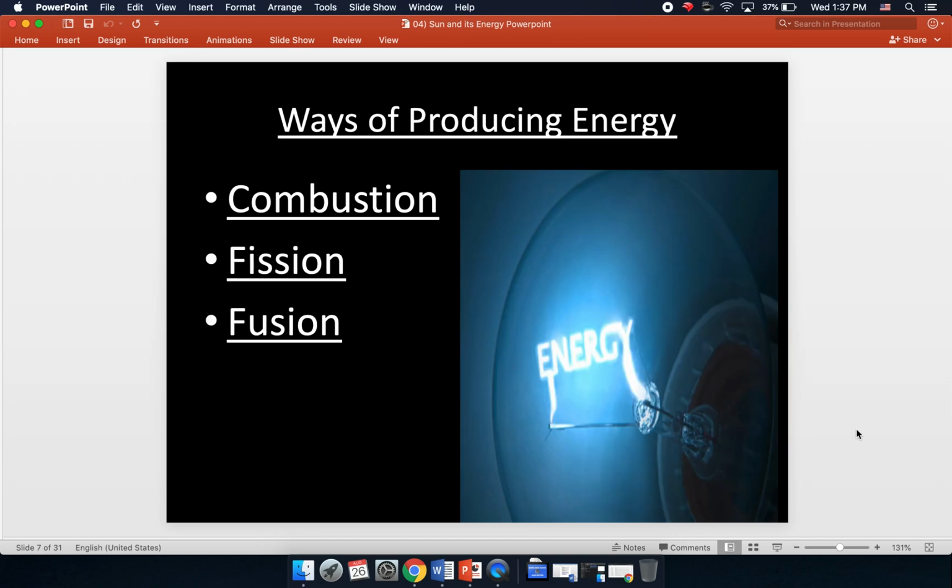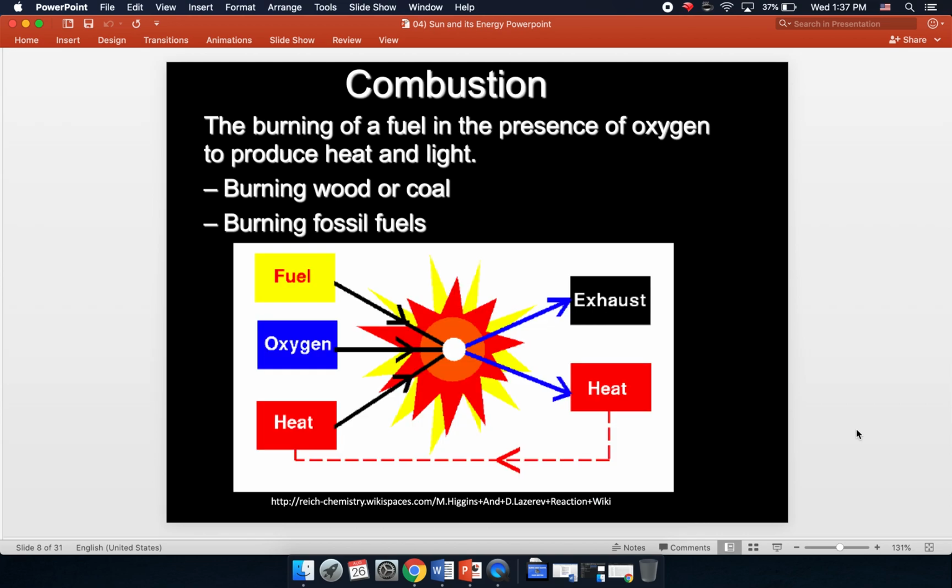All right, let's talk about ways of producing energy, because these are things we're going to need to know throughout the semester from here forward. The first we're going to talk about is combustion. This is a very traditional way of producing energy. You burn a fuel in the presence of oxygen to produce heat and light. Burning wood or coal is combustion when you set those on fire and burn them.